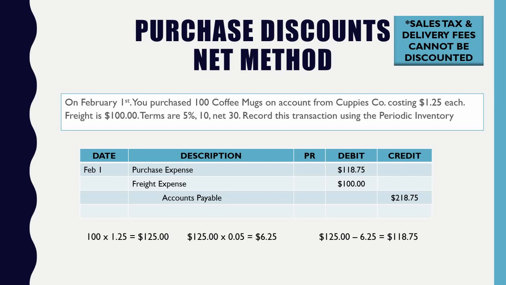Freight, remember, we don't take discounts off of freight. So in this case, we're going to take the discount out right up front, and we're going to record our bill saying, you know what? We owe them the discounted amount. Okay.